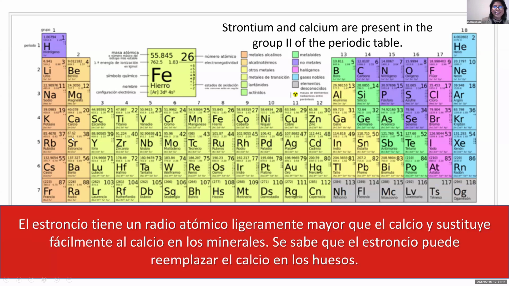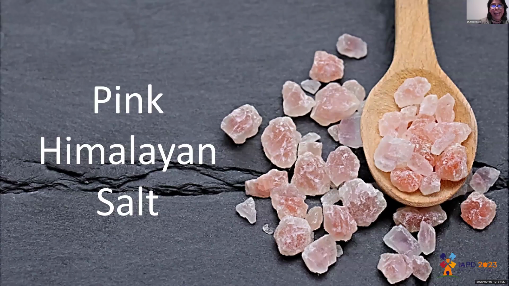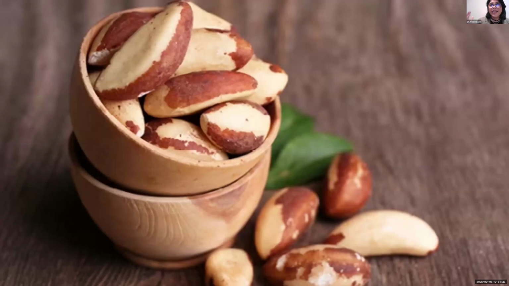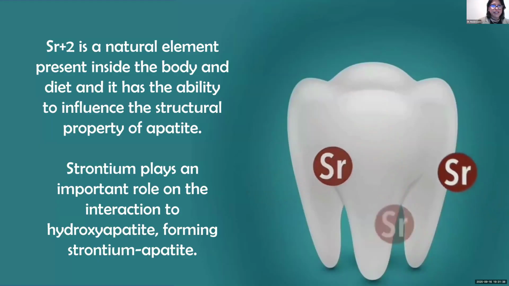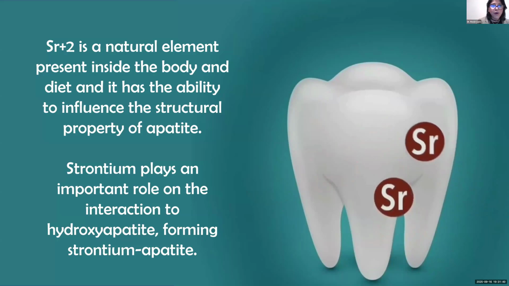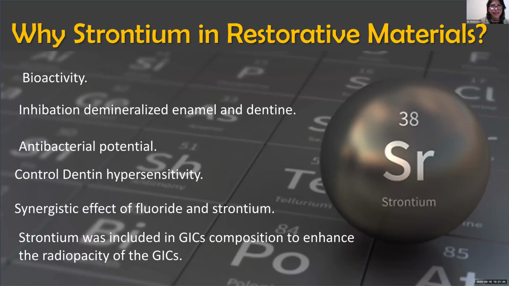So strontium is an ion that right now is playing a great role to regenerate enamel caries lesions, to regenerate dentin caries lesions, and works perfectly in MIH. The strontium ion you will find in pink Himalayan salt and in Brazil nuts, and in your restorative materials it plays an important role because of the interaction forming strontium apatite.